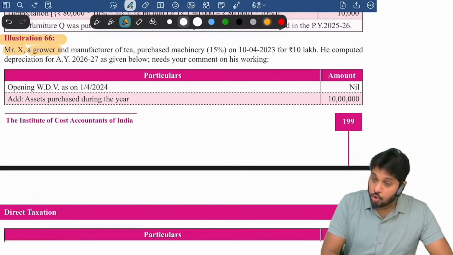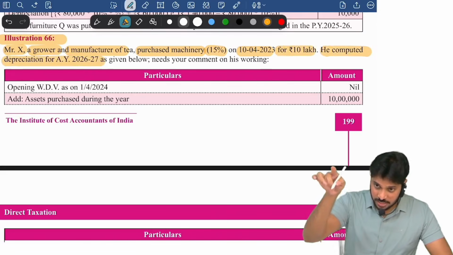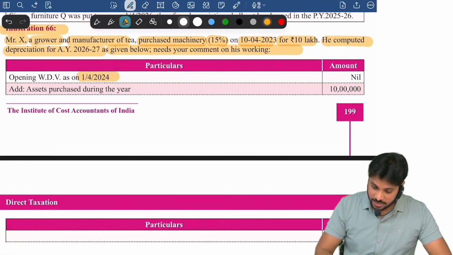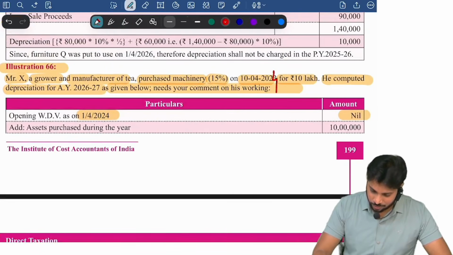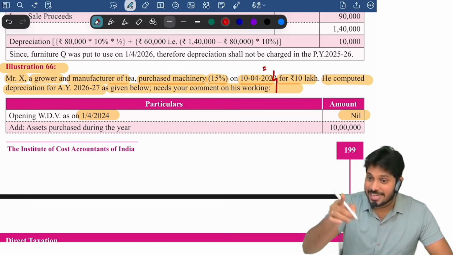Mr. X, a grower and manufacturer of tea, purchased machinery, 15% block, on 10th April 2023 for 10 lakhs. He computed depreciation for assessment year 26-27 based on the information given below. Opening WDV as on 1st April 2024 was nil. This is actually 24 probably; they didn't update the number. And he purchased on 10th November.